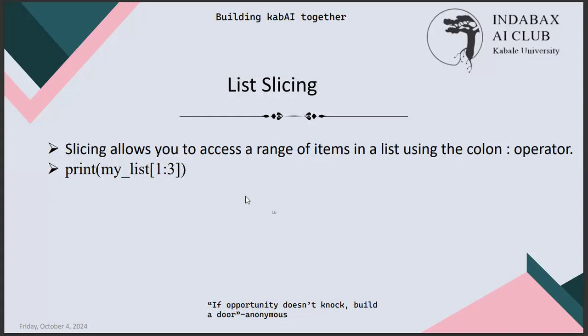And then there is what we call list slicing. List slicing means printing just part of a list, some elements in a list, and not returning all the elements. To do that, you use this colon here. It's called the colon operator.